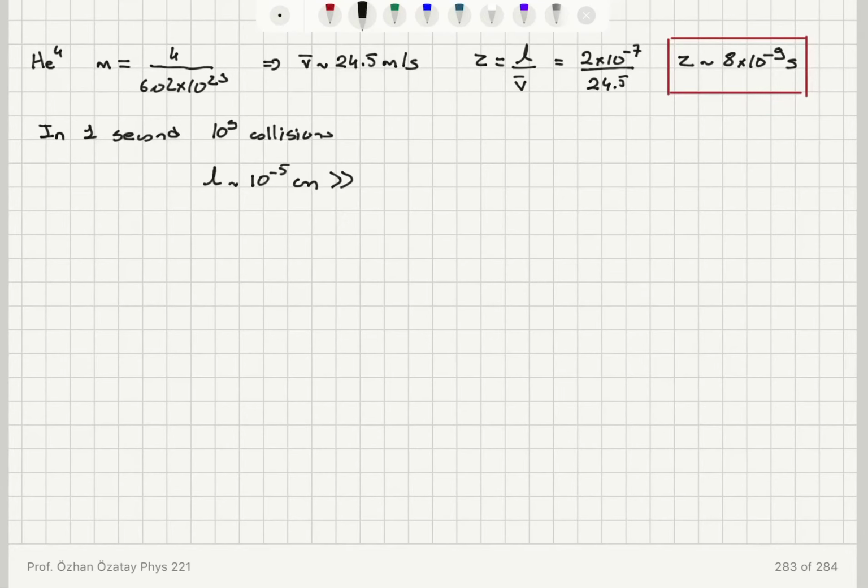This is much greater than the molecule diameter, which is 10 to minus 8 centimeters. So we find that indeed the average distance between the molecules is large compared to the size of the molecule. So the molecules can be treated as point-like particles, as we assume in the elementary kinetic theory.